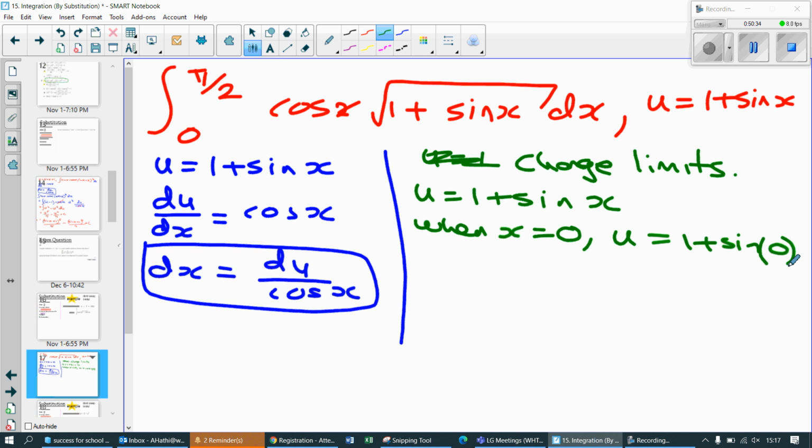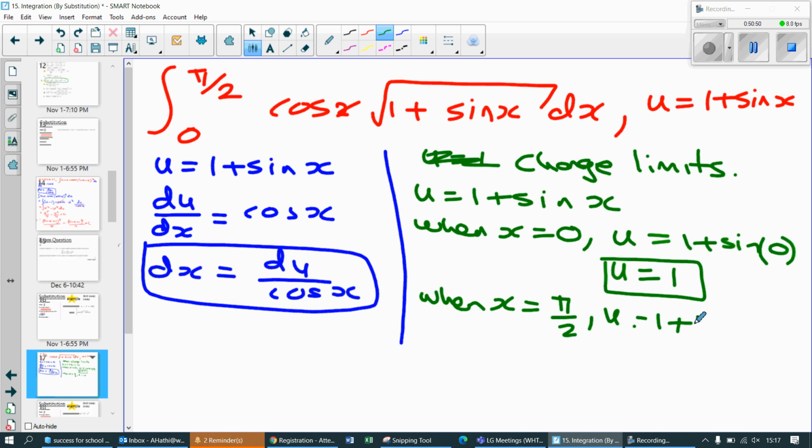So 1 plus 0, 1. Now let's stick in the next one. When x equals pi by 2, u equals 1 plus sine pi by 2. Well, what is sine pi by 2? Sine of 90? 1. So 1 plus 1, 2.